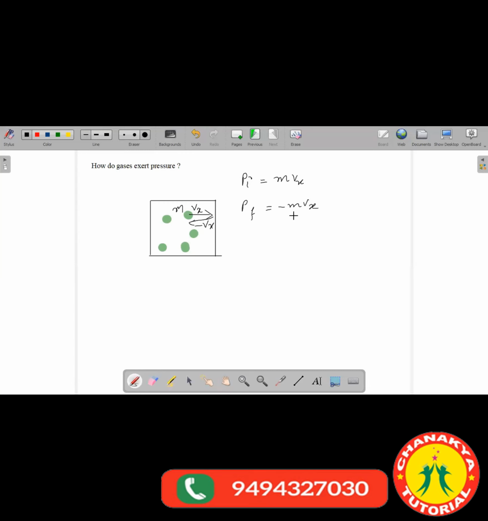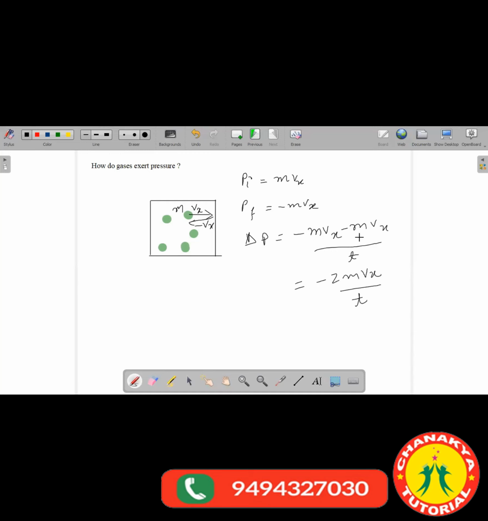So the change of momentum is minus 2mVx.